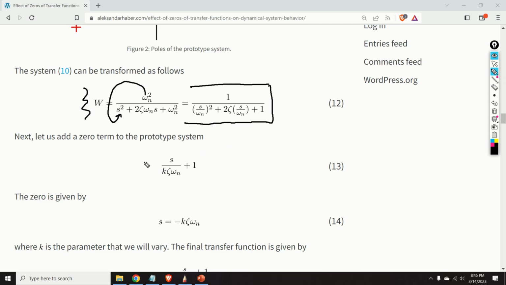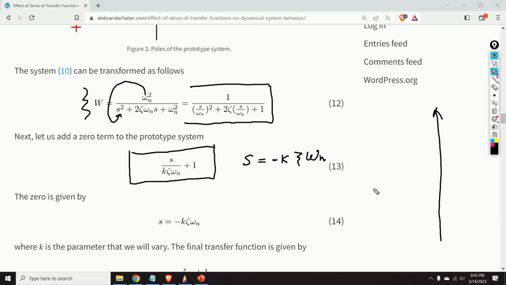Next, let us add a zero term to the prototype system. Here's the term that we will basically add, or better to say, we will multiply our original transfer function by this term over here. The zero is located at minus k zeta omega n. Let us represent this zero graphically. This is a complex plane. The poles of the system are given over here.